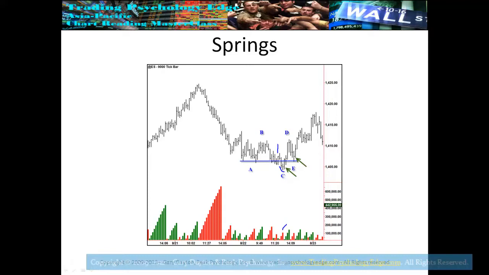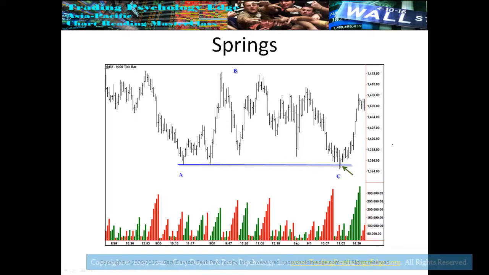Bob Evans had categorized springs into 3 different categories. He called them 1, 2, and 3. A number 3 spring was similar to what we saw here on this chart.